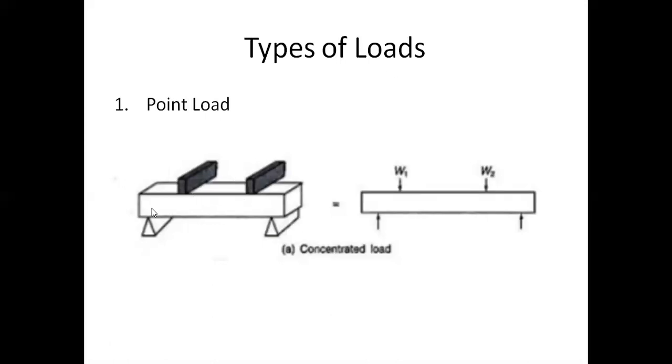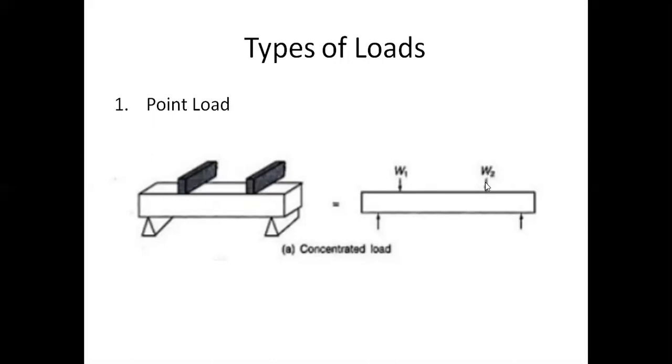For example, if you take this beam, and on this you have given some weights here and here. It will act at a particular point. If we take that the thickness of these two weights is negligible compared to the beam, then it acts as a point load here.